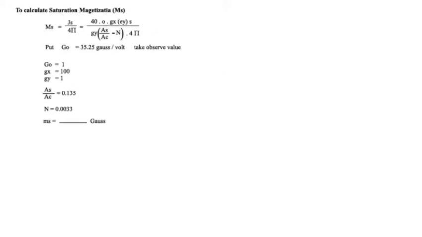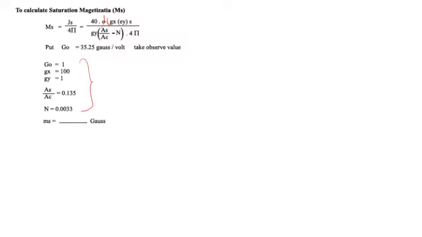Similarly, we can calculate the saturation magnetization, where we have to use some values. So for example, 4 pi times this is mu0. So the mu0 value we can find. So the gx value, ey value, s value, and gy, these values are known to us, into 4 pi. So if you put these values, all these values are already given here.